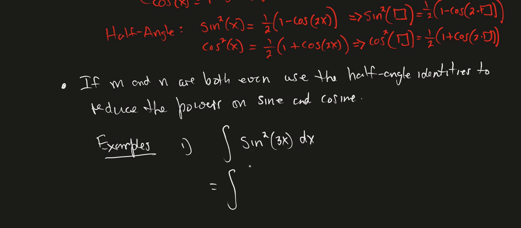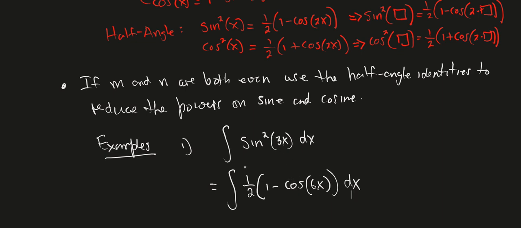So when I rewrite this, I'm going to get 1/2 of the quantity 1 minus cosine of, and now I have to double this, right? So I have to double the expression 3x, and then that gives me 6x. And now here, this is a basic cosine function. Yes, it has a constant in front of the x, but we have a way of dealing with that, right?